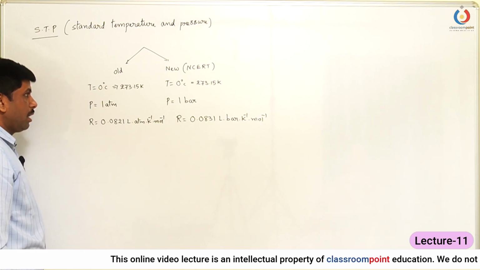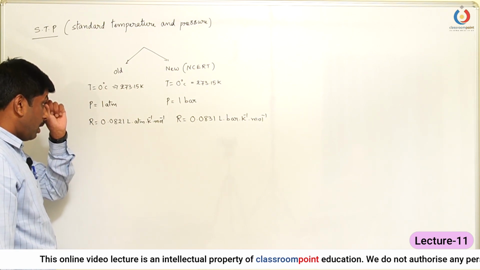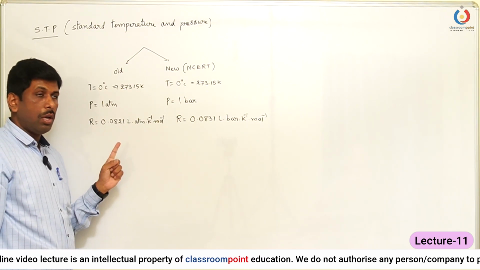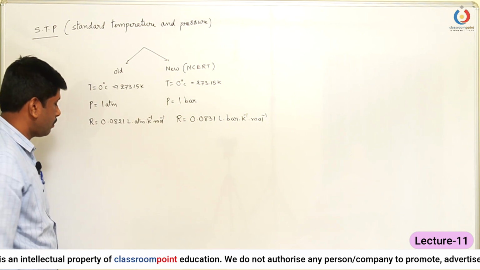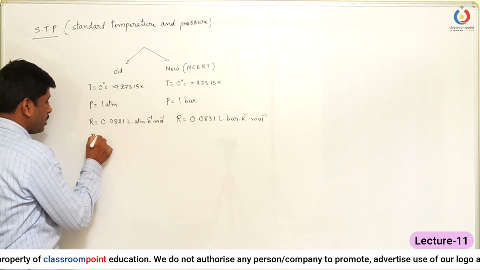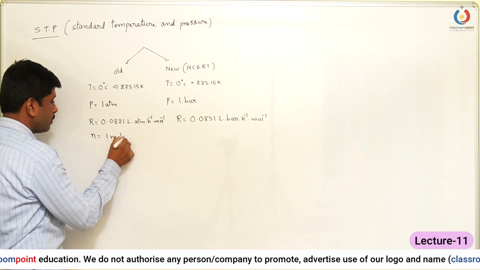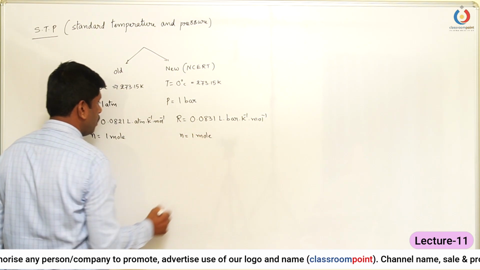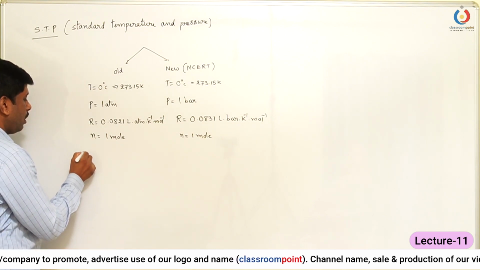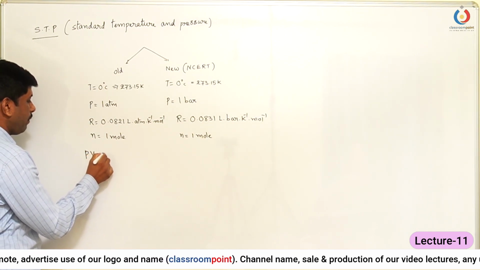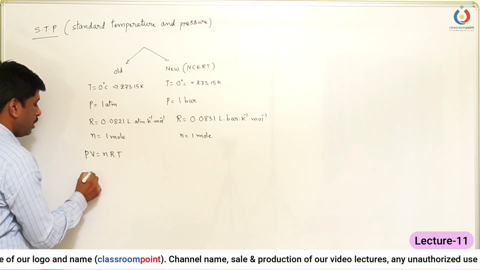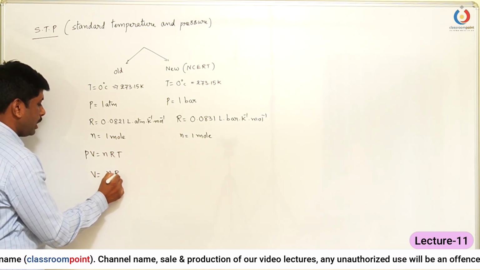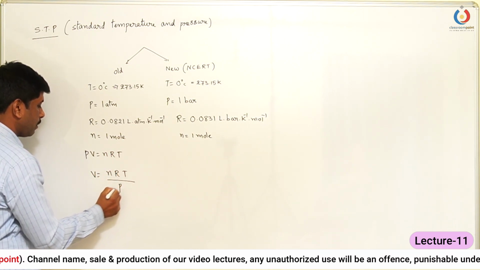Now let us calculate the volume occupied by 1 mole of the gas in both conditions. Number of moles of the gas is 1 mole in both cases. According to the ideal gas equation, PV equals nRT, volume equals nRT by pressure.